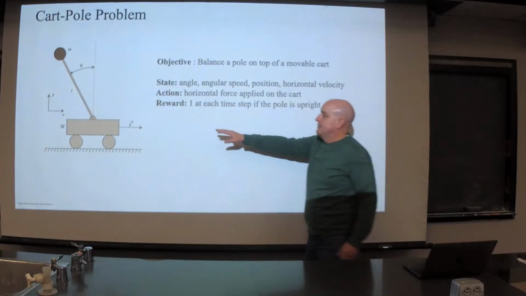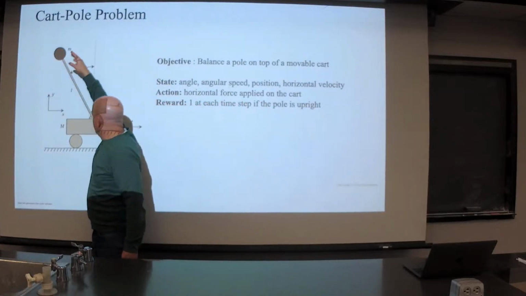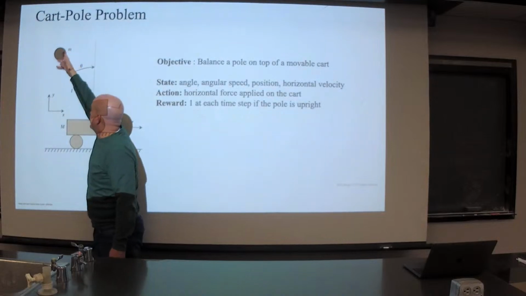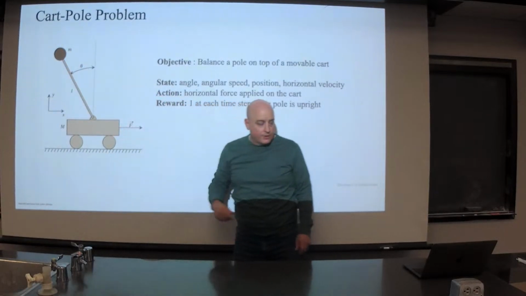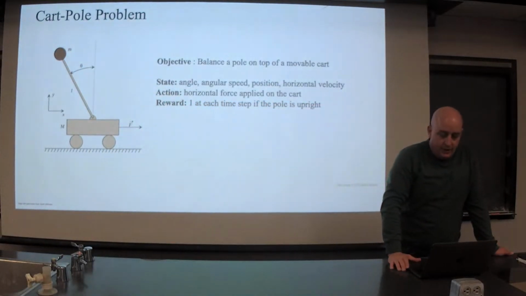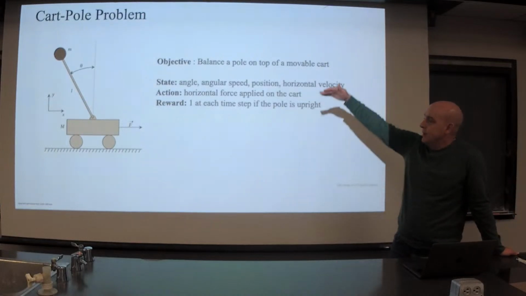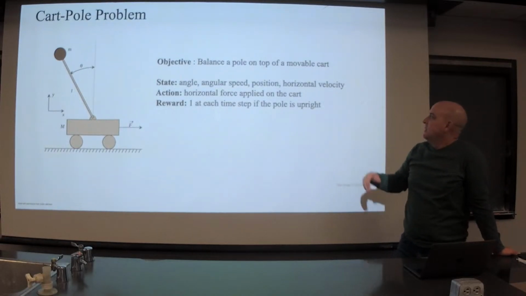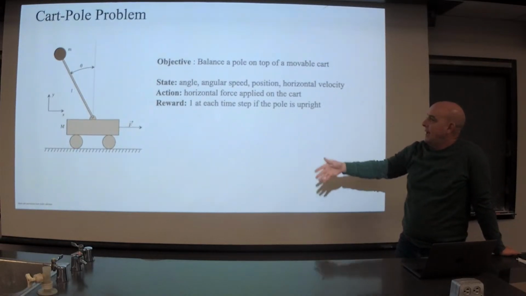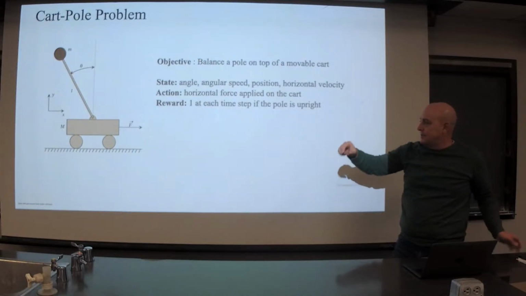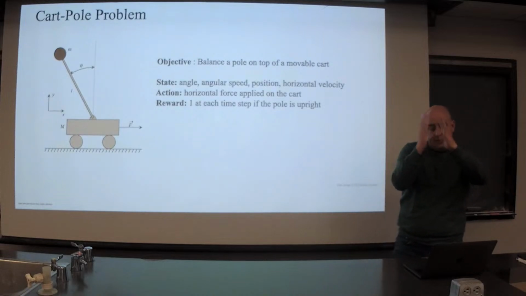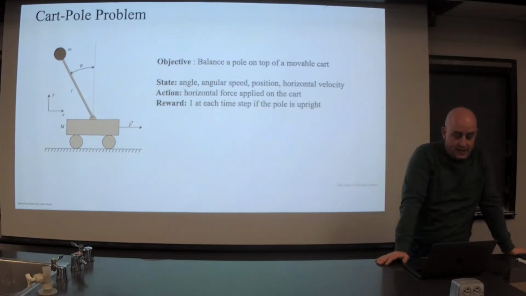That describes the position of the mass up here, but then you also have the forces that one could apply. So you have that angle, the speed at which that mass is falling on the pendulum, the position on the track, and the velocity as created by the force. Again, the idea here is you want to keep this pendulum standing upright.